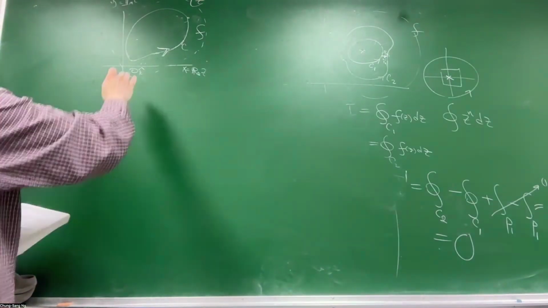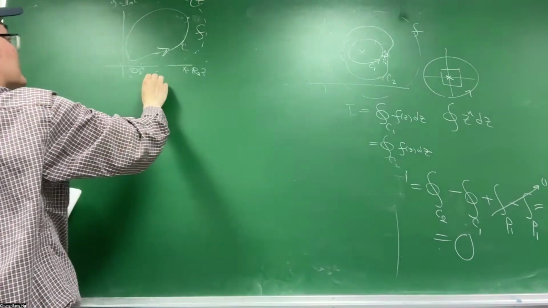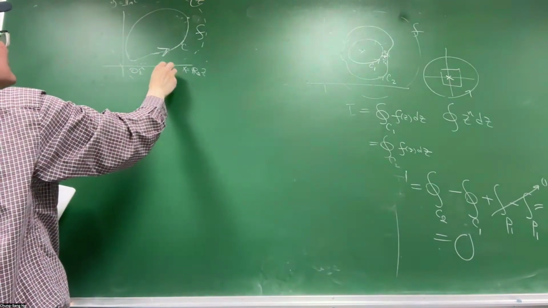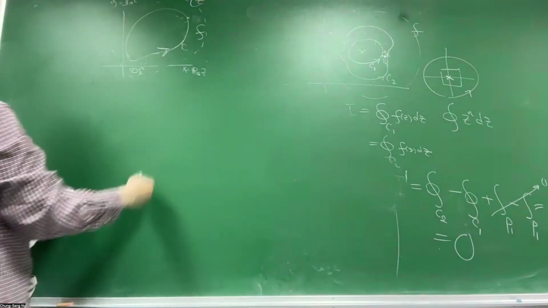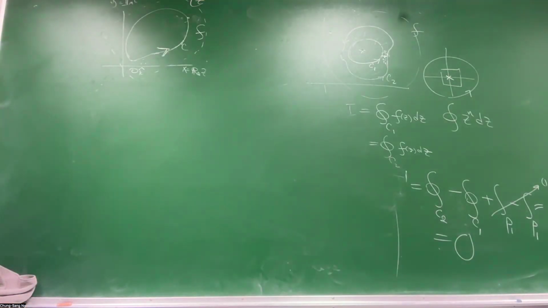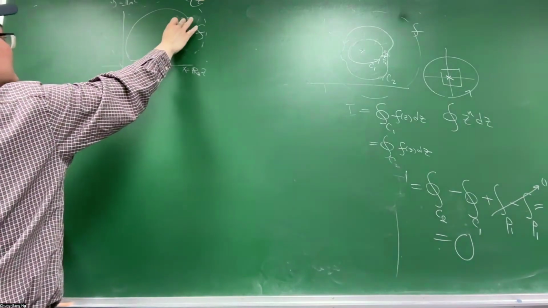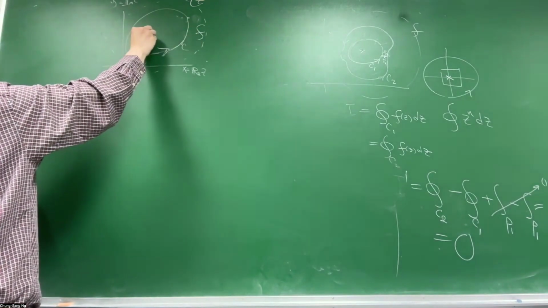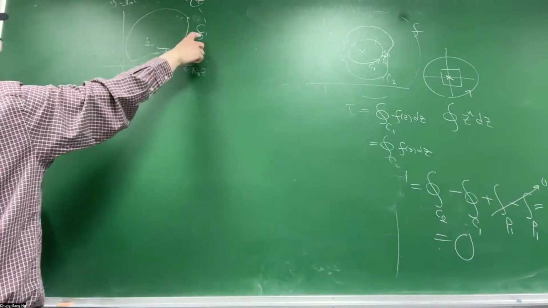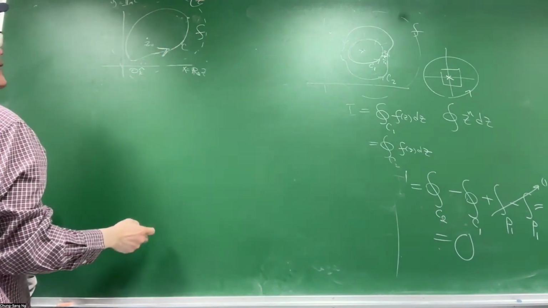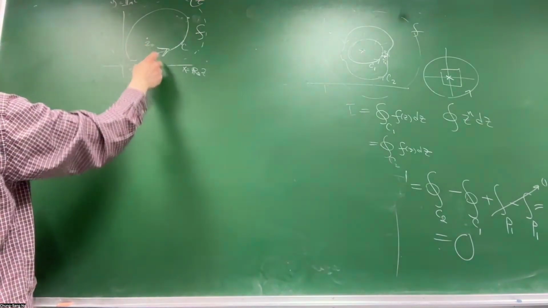Then you choose a curve, any curve within this region, called C. And now you choose a point within this closed loop, C sub 0. So f is analytic, but you choose any point C sub 0.